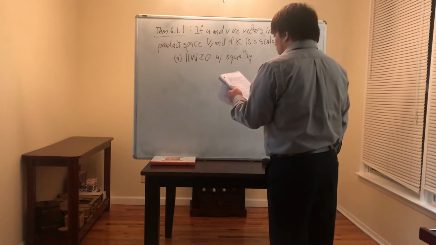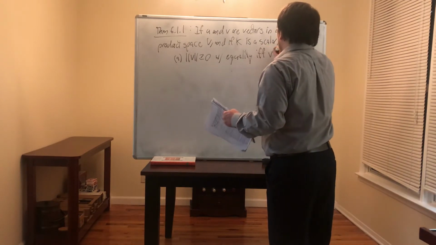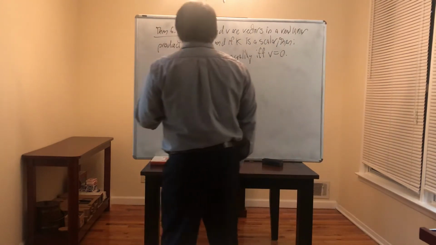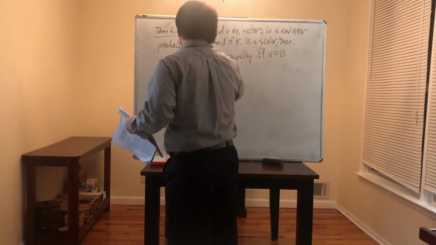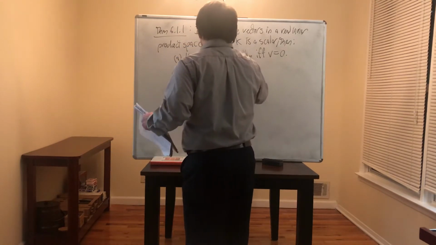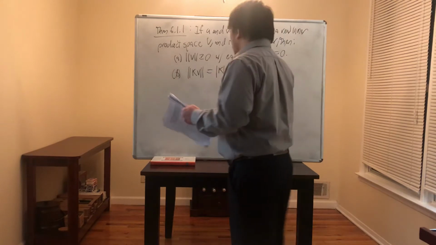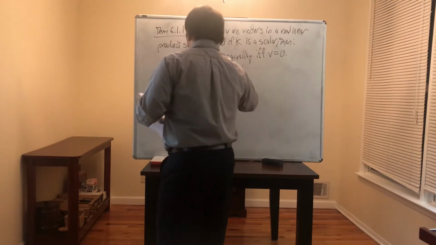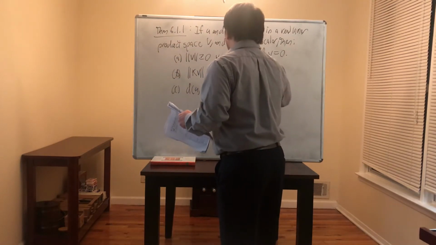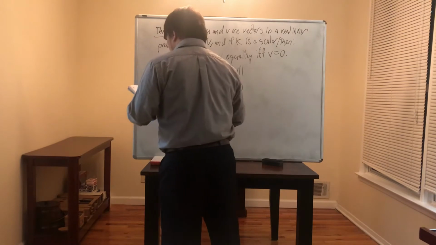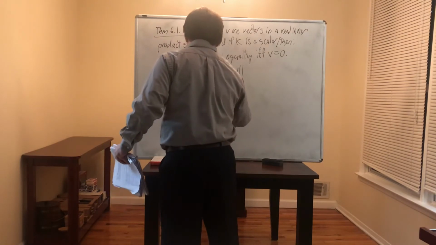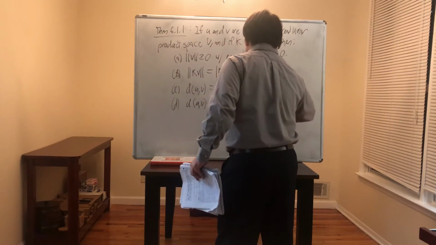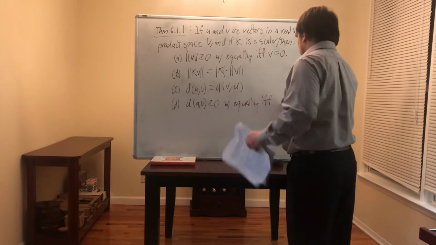A, the norm of v is greater than or equal to 0 with equality if and only if v is equal to 0. B, the norm of kv is equal to the absolute value of k times the norm of v. C, the distance between u and v is equal to the distance between v and u. And D, d of u comma v is greater than or equal to 0 with equality if and only if u equals v.